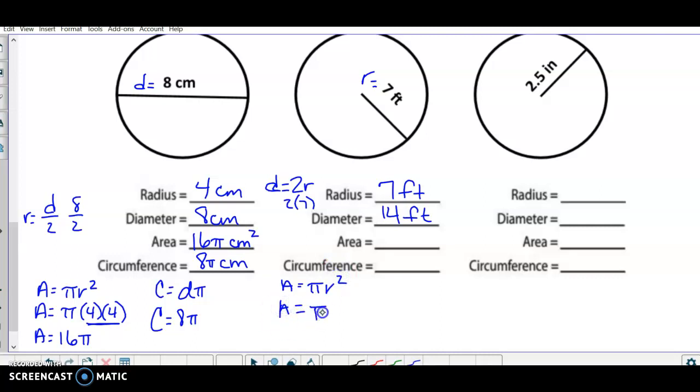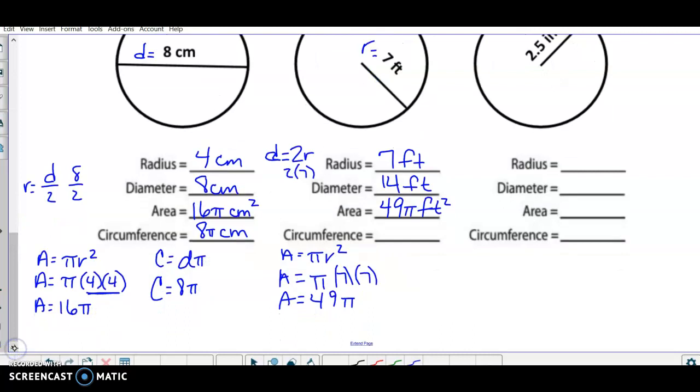So A equals, I'm going to leave pi, the radius was 7 times 7. And I know that 7 times 7 is 49 times pi. So 49 pi is feet squared.